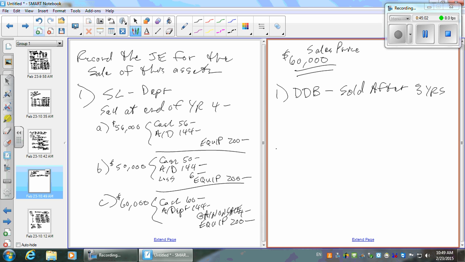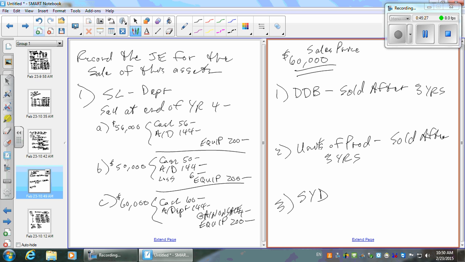The second one is I'm using units of production, and I sold after 3 years. And the third one is I'm using sum of the year's digits. That last one I gave you.